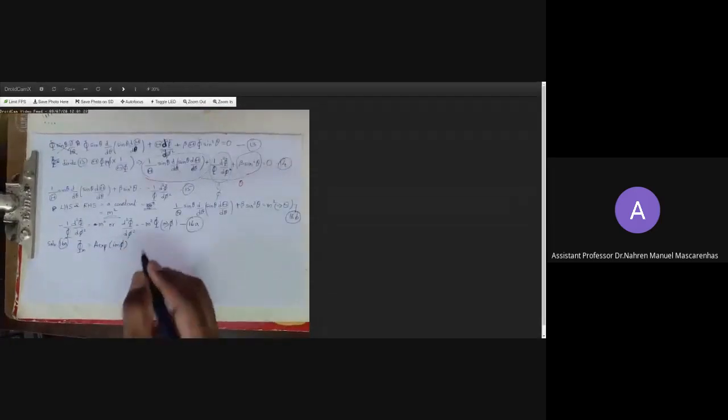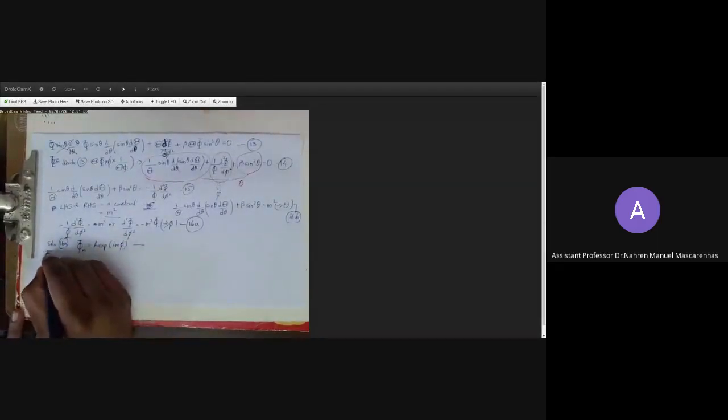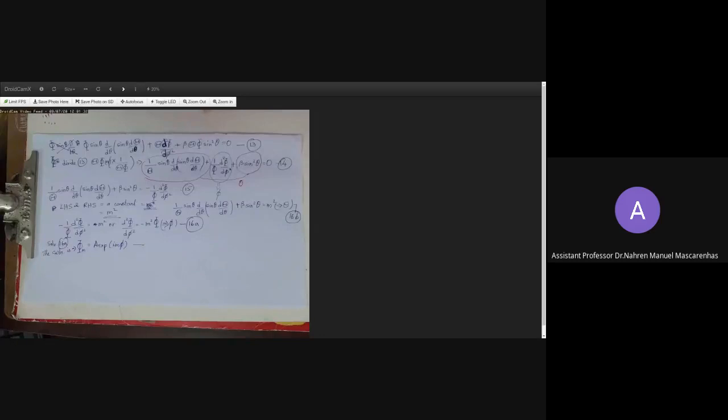We know the solution for this equation: capital phi equal to a exponential i m psi.